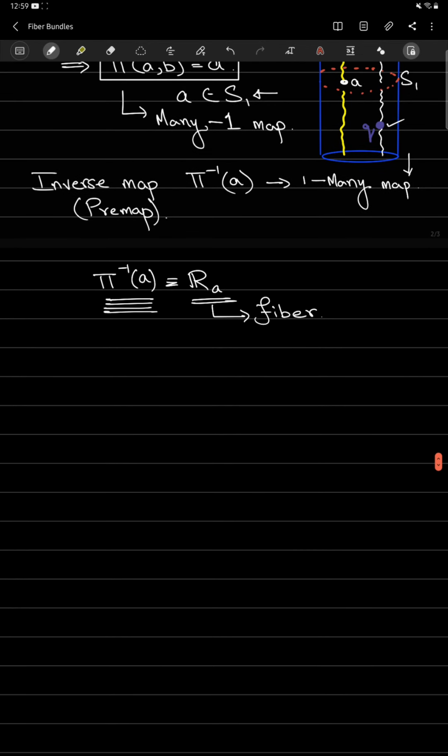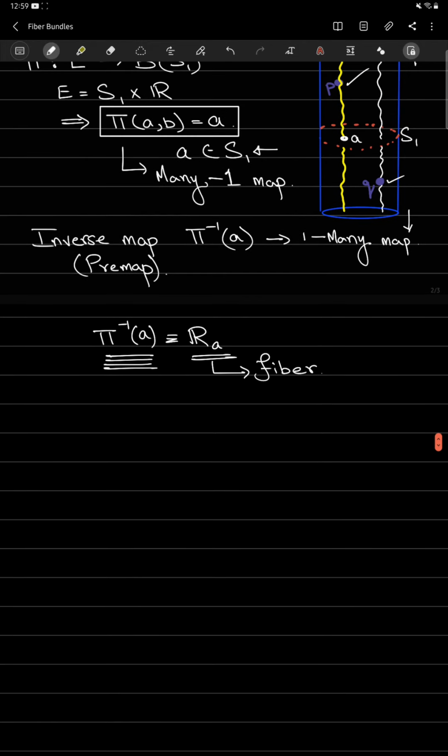Yeah, that's a fiber. Now let's consider this point Q over here. We will follow the same procedure that we just did.